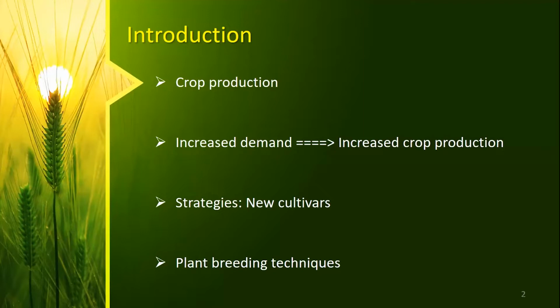These pressures are huge setbacks in the goal of meeting the increasing demand for crops in general and barley grain in particular. Aiming then to increase crop production, different strategies are often explored. An example is the development of new cultivars presenting traits or phenotypes of interest through plant breeding techniques.